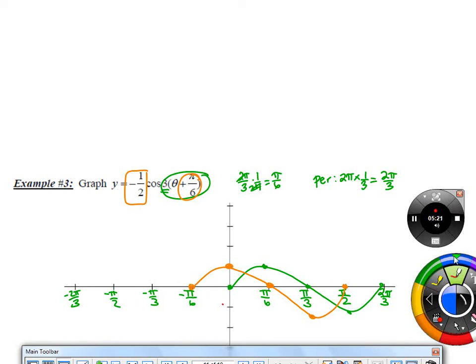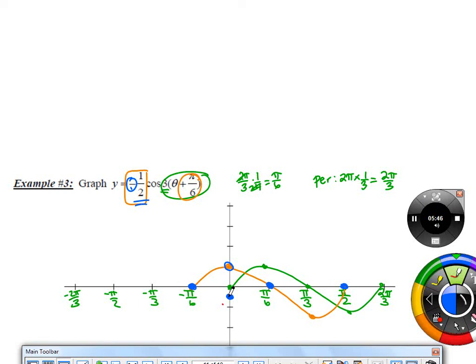So it's a vertical reflection. So points that are on the midline are not going to move because they're not going to get reflected or compressed. But like this point here was a maximum, so it was 1 unit away. With this 1/2 in front of the function, we're going to make it only half a unit away. And because of the negative, rather than being above the midline, it's going to reflect and be below the midline half a unit.